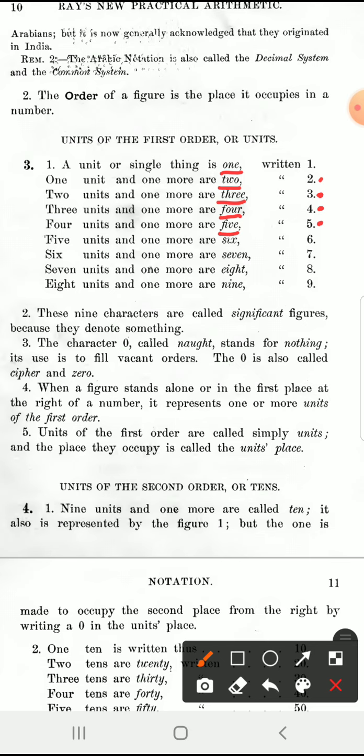5 units and 1 more make 6, S-I-X. The name 6, or the word 6, is used to name 5 units and 1 more.